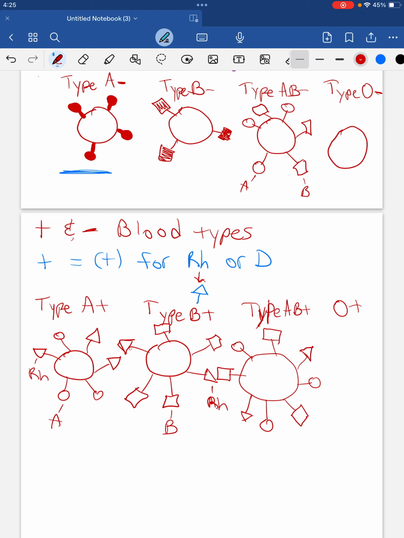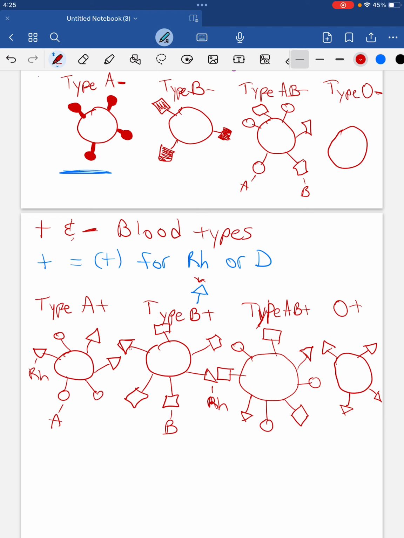Type O does not have A or B, but if it's O positive, it does have this Rh factor, this Rh antigen. So we'll just have these triangle antigens throughout. So these are all the ABO blood types that we're going to discuss in class, and all of their antigens.